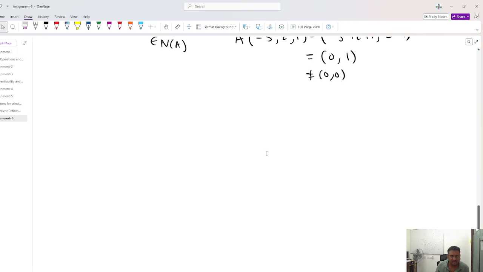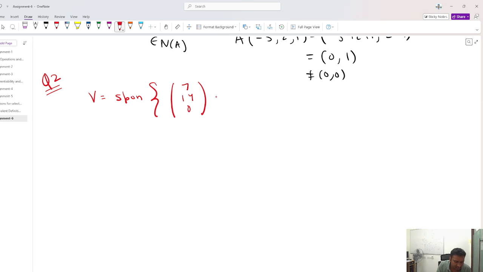Problem number 2. Now you are given that V is the span of these three vectors: (7, 14, 0), (4, 8, 2), (1, 2, 1).